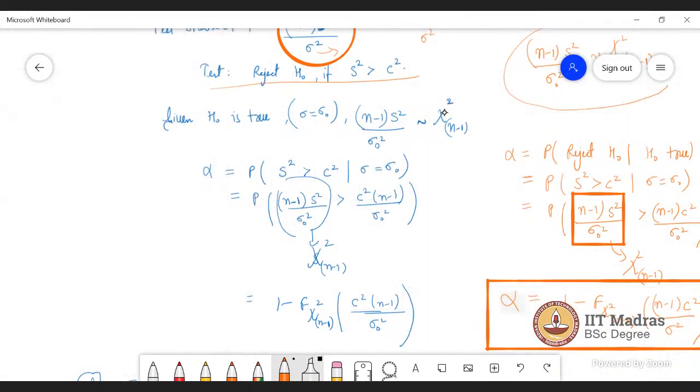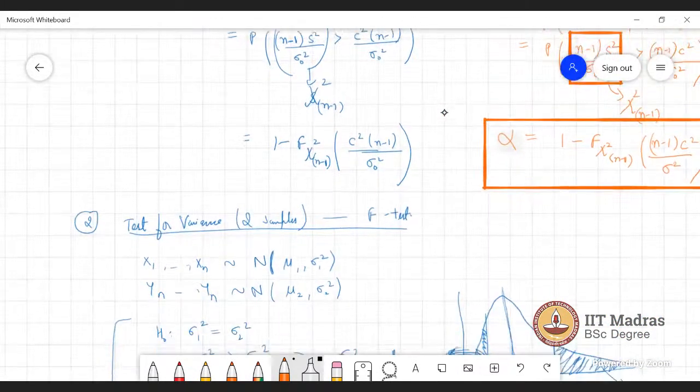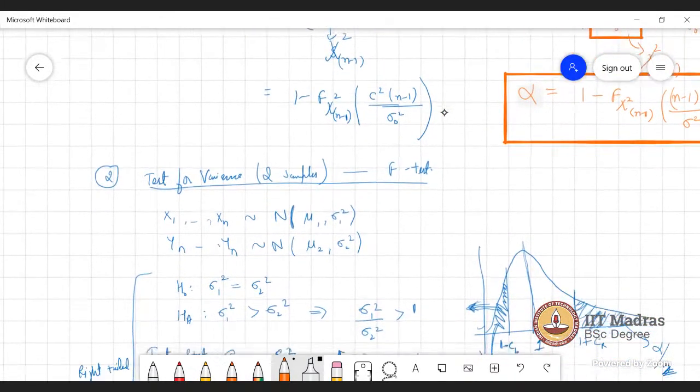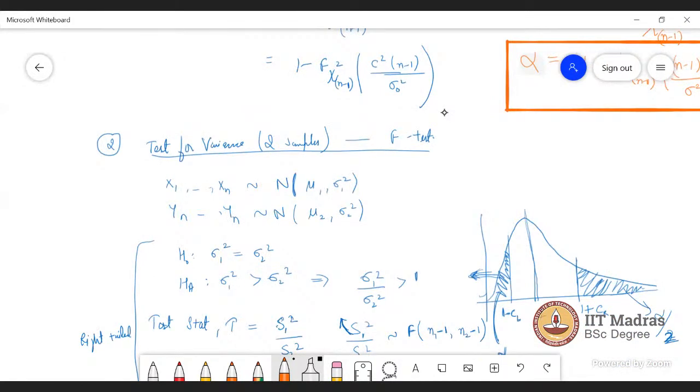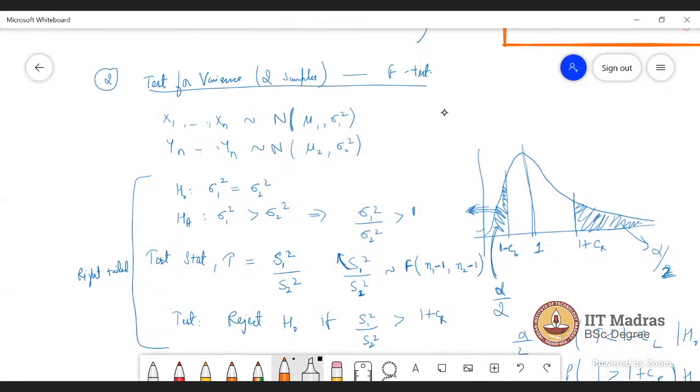Now, if you are given two samples and you want to test for variance, in that case we use the F-test. So let's say you have n IID samples coming from a normal distribution with mean mu1 and variance sigma 1 square, and you have another sample y1 to yn that is again coming from IID normal mu2 sigma 2 square, and we want to test whether the variance of these two samples is the same or not.